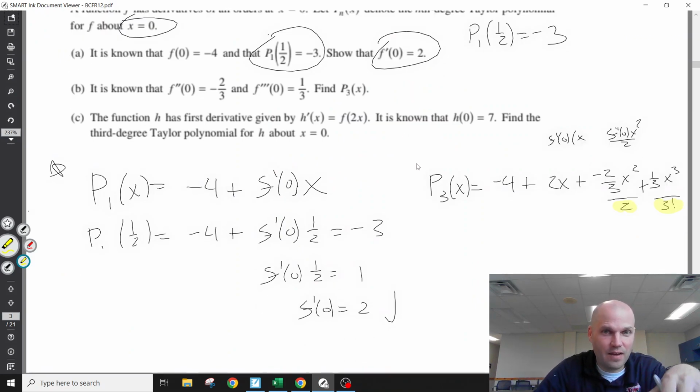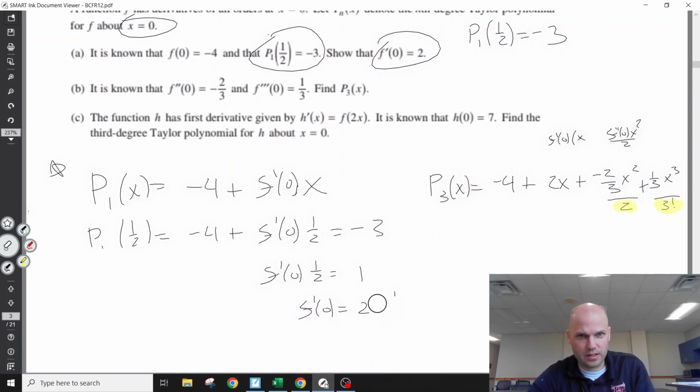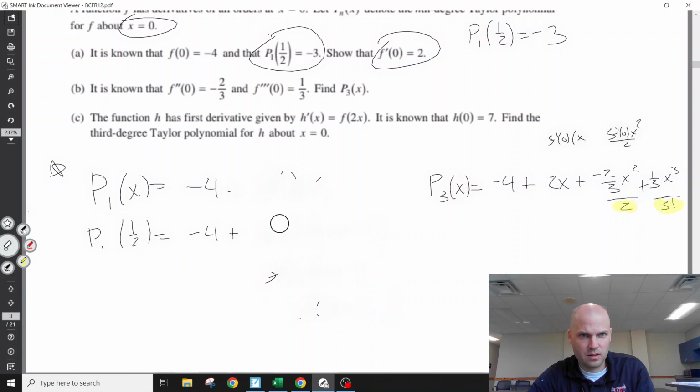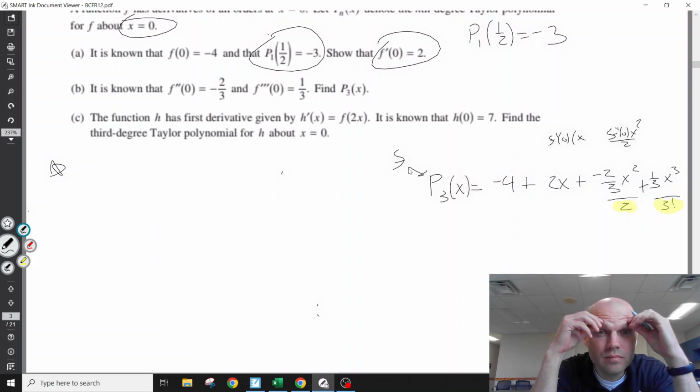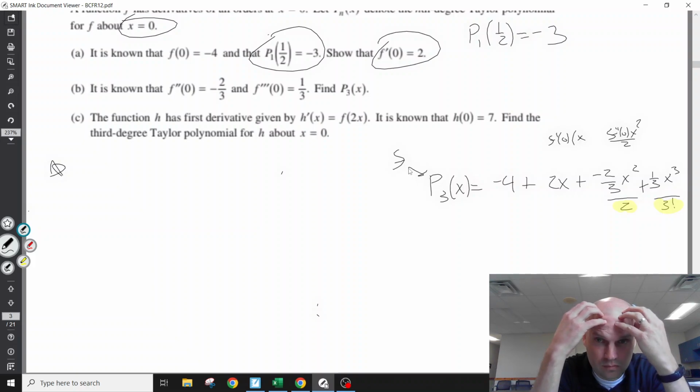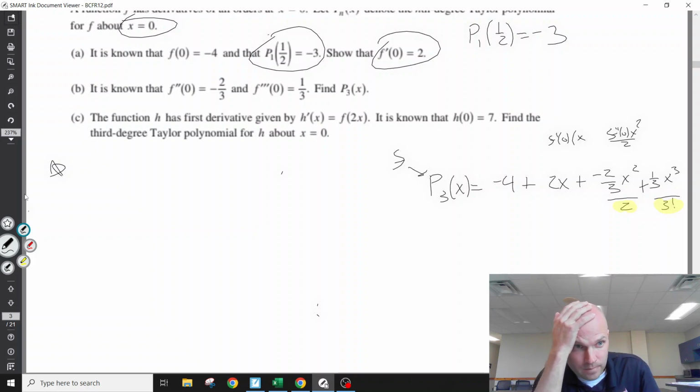Okay, f of 2x, find h. Okay, I gotta think about this. This is f. This is approximating f. Okay. There are 2 ways to go about this.